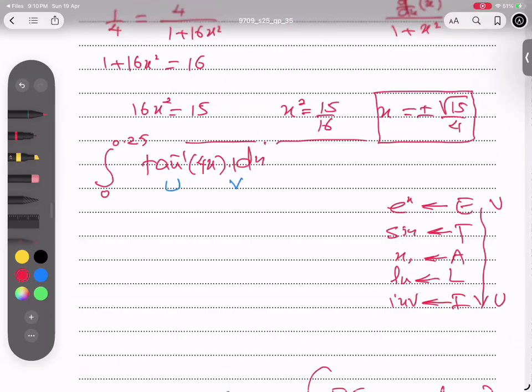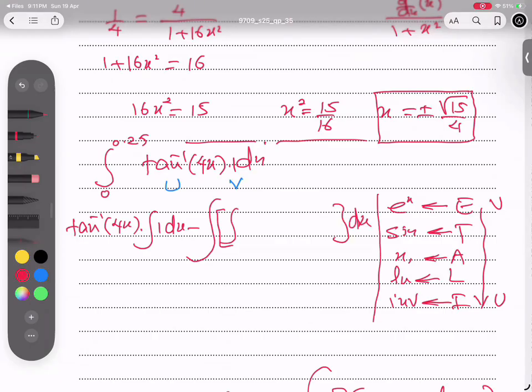So 1 into, I can say U copy, I mean tan inverse 4x, copy into integration of 1, minus the big sign of integral, bracket starts, bracket ends. Again 1 integration, multiply derivative of tan inverse.